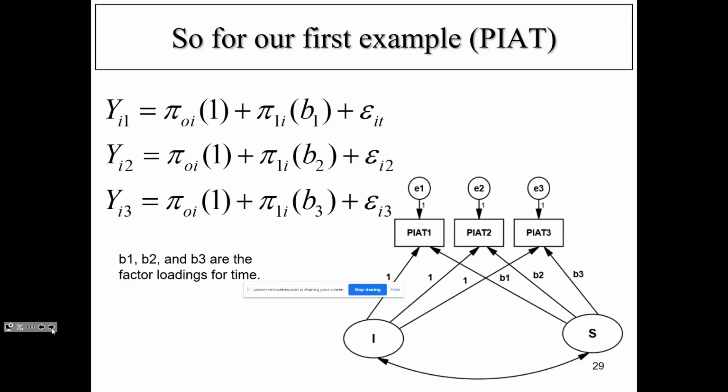I should also mention that this is true for regression too. Anytime we have an exogenous variable, we estimate a mean for it, just like we estimate a variance.